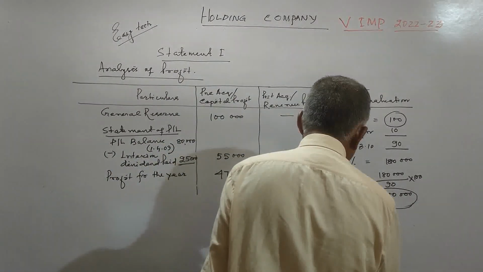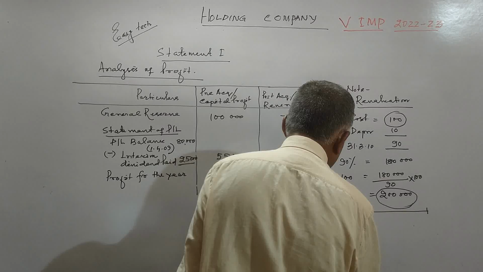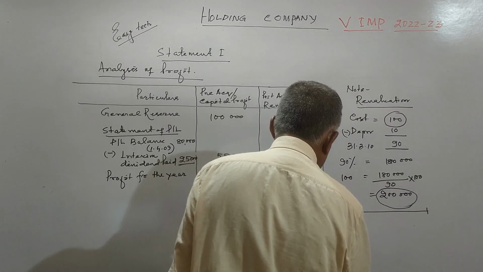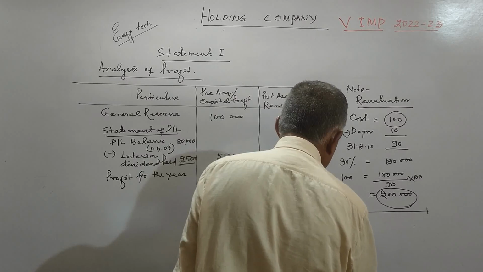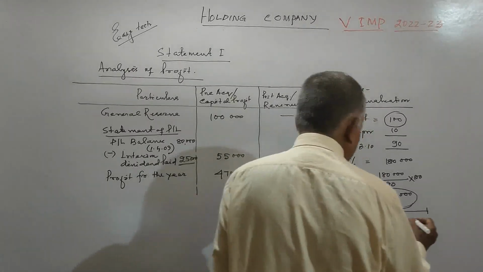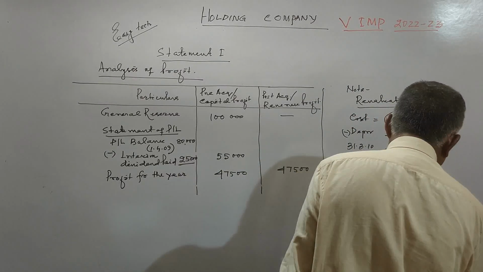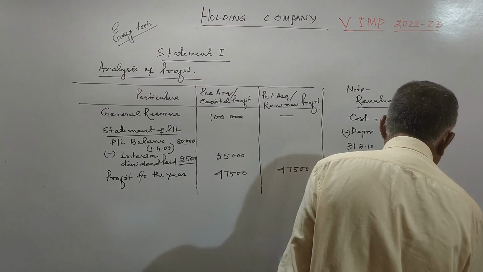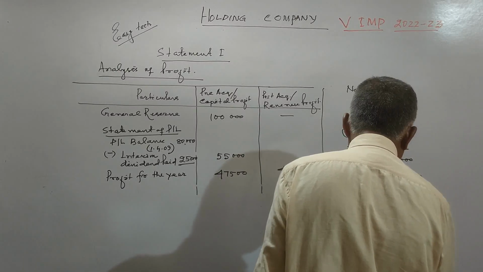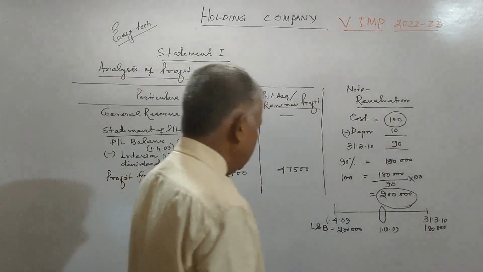So friends, if I take 1/4/2009, your land and building was 2 lakh, and as on the closing date, as given here, it is 1,80,000, and date of acquisition 1/10/2009.